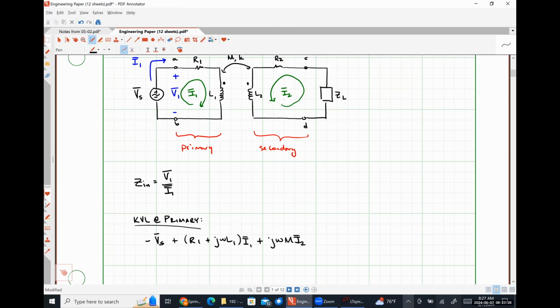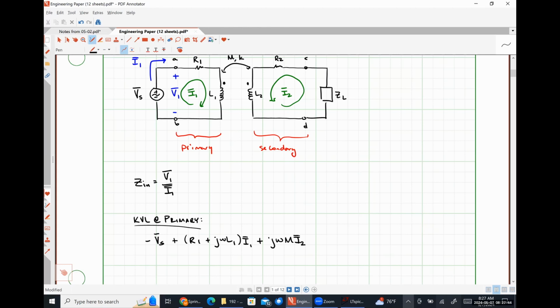So the resistance R1 sees a current of I1. The impedance L1 sees a current of I1. Because that current is flowing into the dotted terminal, that's why we have a plus sign on that term.